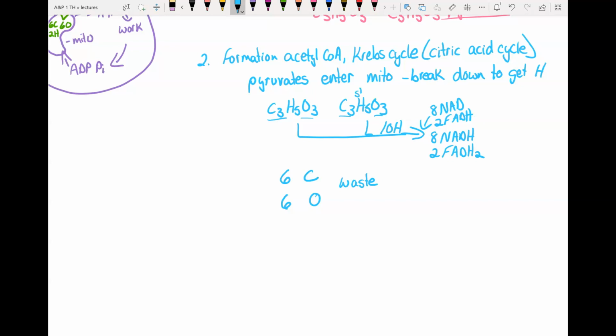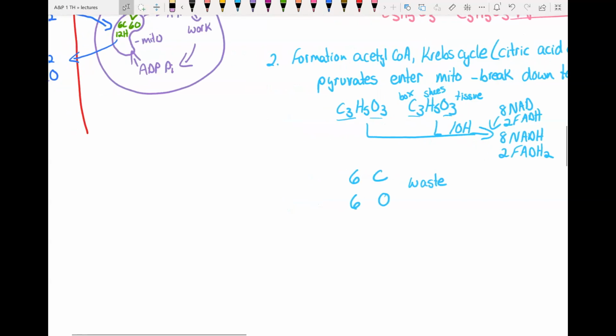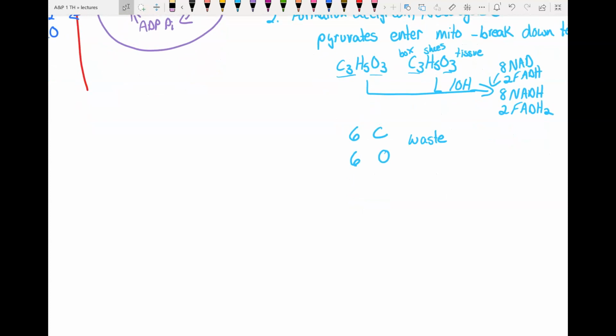Hydrogen is what you want. Hydrogen is the shoes. It's what your cell is after. The carbon and the oxygen are just the box and the tissue paper that the shoes come in. So when you get home, you take your new shoes out and you put them on your feet, and the box and the tissue paper you throw in the trash. Okay, the carbon and the oxygen are waste.